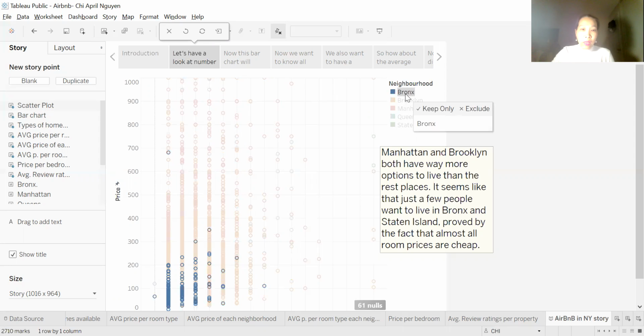And you can see here in the Bronx or the Staten Island, they have just a few options. This is understandable because we all know that in these two places the cost of living is low and most of the room prices are cheap.